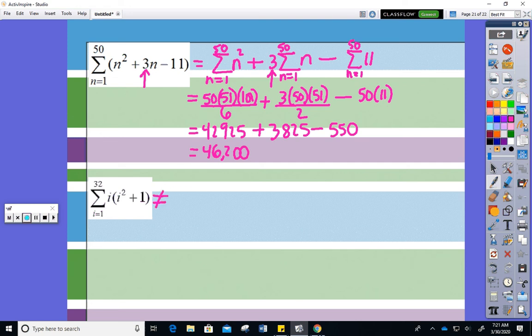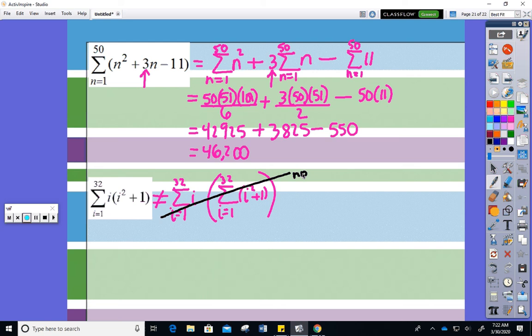A lot of people say, oh, well then do the sum from i equals 1 to 32 of i times the sum from i equals 1 to 32 of i squared plus 1, okay? So you can't do that with summations. You can only separate out parts where you're adding and subtracting the individual parts. So this won't work. That's a no, you can't do that, all right?